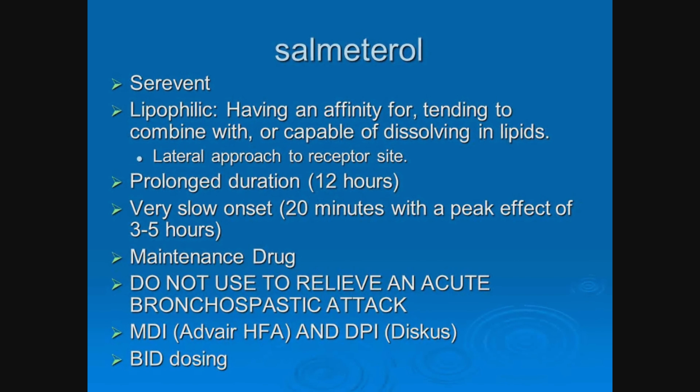Those that are fast-acting that we call rescue medications, those that are very slow-acting but long duration that are maintenance drugs. Okay, so 2 ways to approach this. I can use a fast-acting agent like albuterol if I'm having an attack, or I can prevent attacks from ever occurring by having a maintenance drug, keeping the level at a good point.